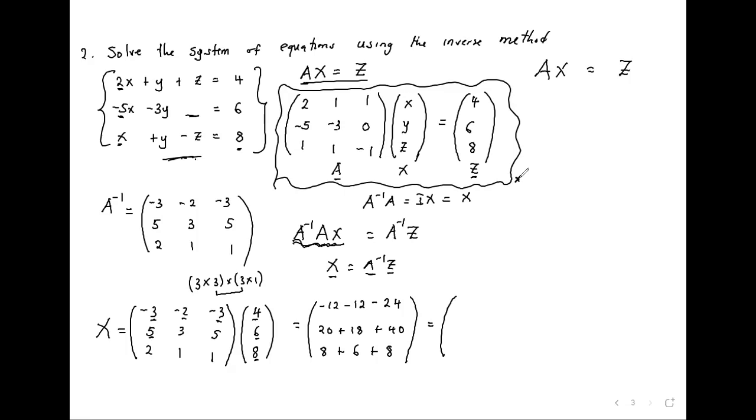Because if you start multiplying, you say 2 times X plus 1 times Y plus 1 times Z, that will form this line. Again, negative 5 times X, negative 3 times Y, 0 times Z, you have this line. Because we're able to retrieve those lines from this, we can write this whole system in this form.